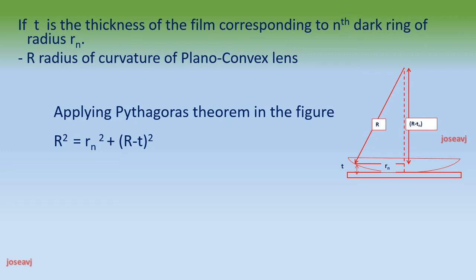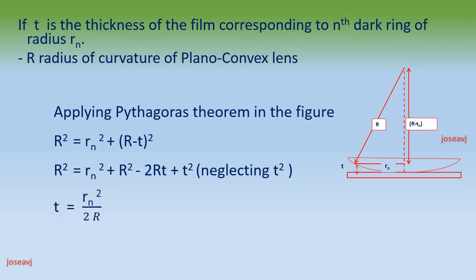Expanding (R − t)², we can write R² = Rn² + R² − 2Rt + t². Neglecting t², because thickness is a very small value, on simplifying we can write t = Rn²/2R, or Rn² = 2Rt.